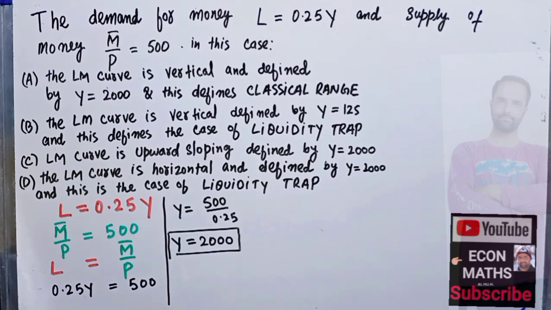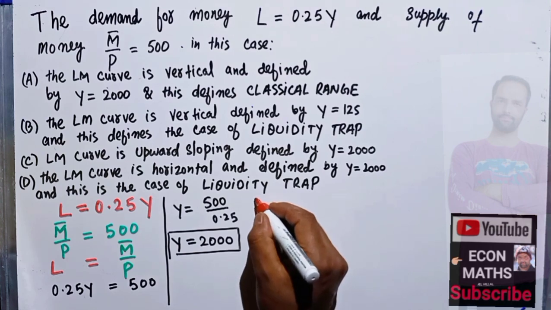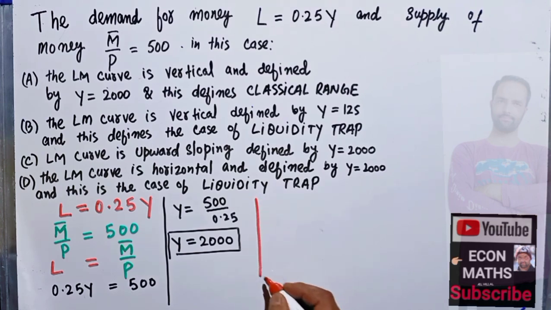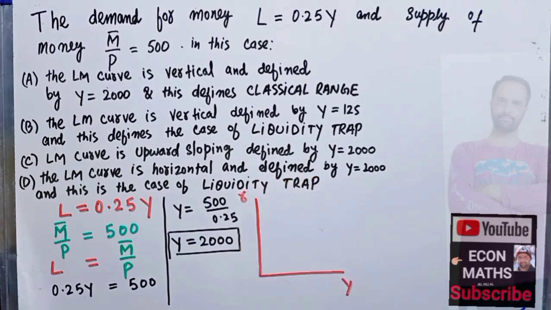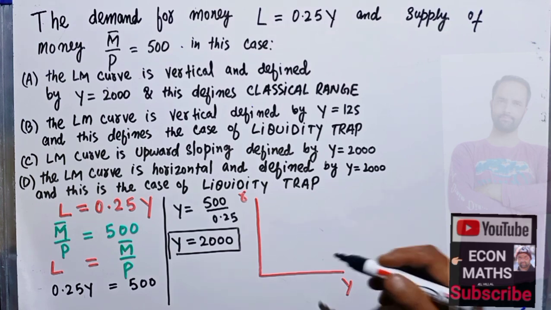And graphically, what exactly is meant by this? If I draw the LM curve, we have income on the horizontal axis and rate of interest on the vertical axis. Here we have seen that income is not a function of rate of interest. If I draw y equal to 2000, it will look like this.